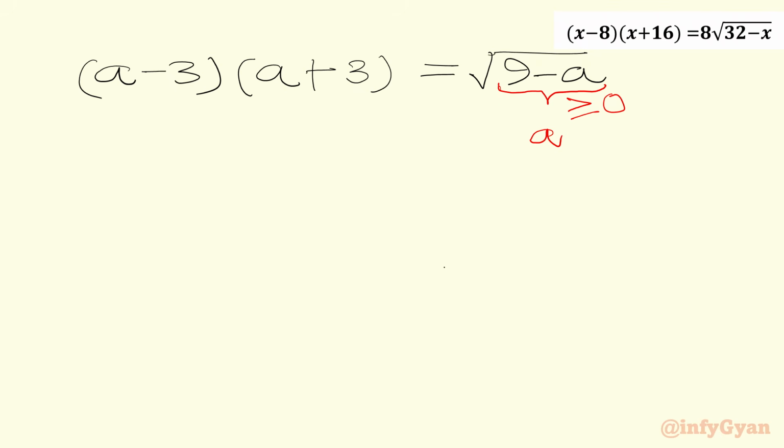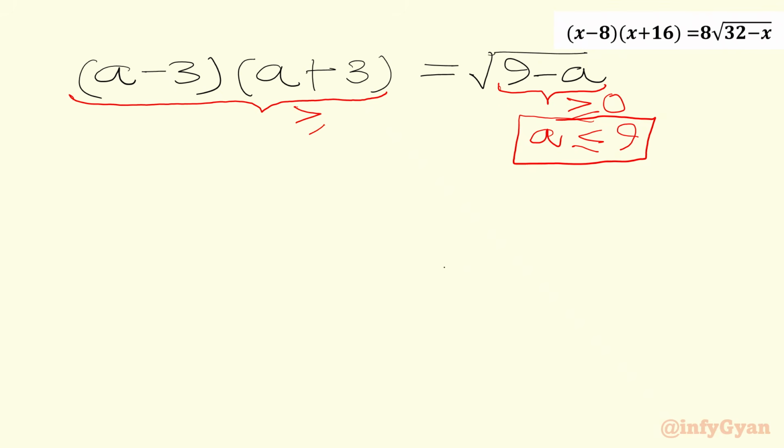So a must be less than or equal to 9. We have a square root in RHS, so our LHS must also be non-negative. So we will get two conditions from here: either a should be less than or equal to minus 3, or a should be greater than or equal to 3.